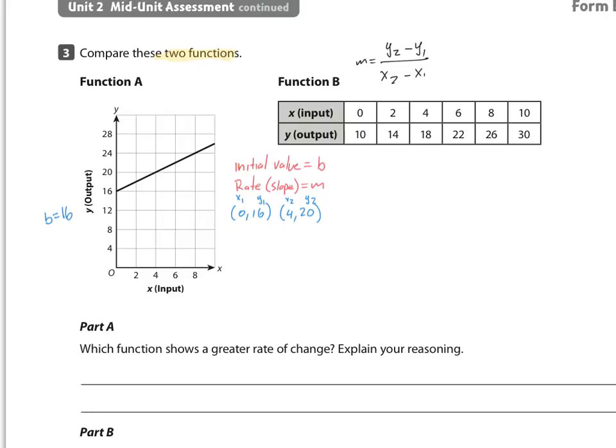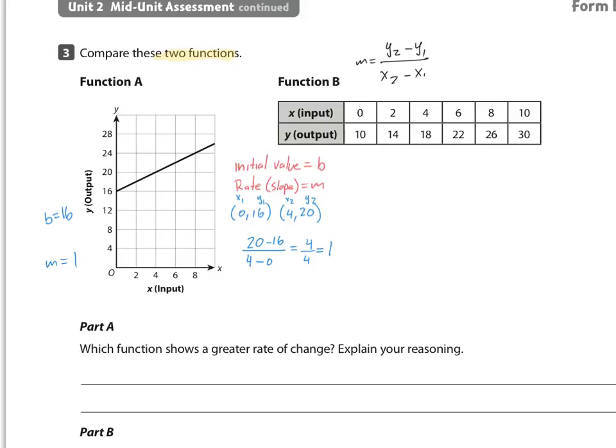So using that information, we're going to do 20 minus 16 over 4 minus 0, and that's going to give you 4 over 4, which is going to be equal to 1. So your slope for function a is going to be 1.